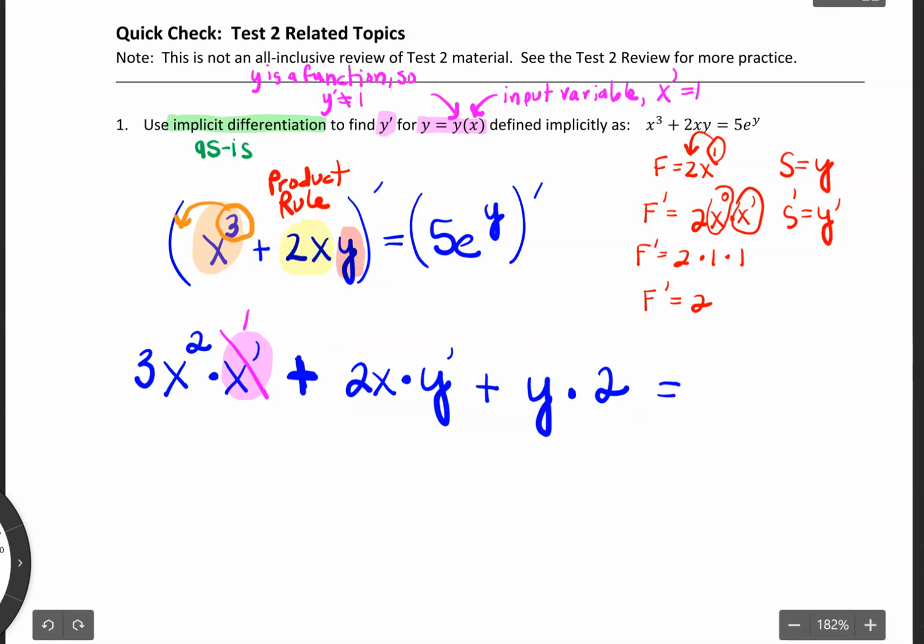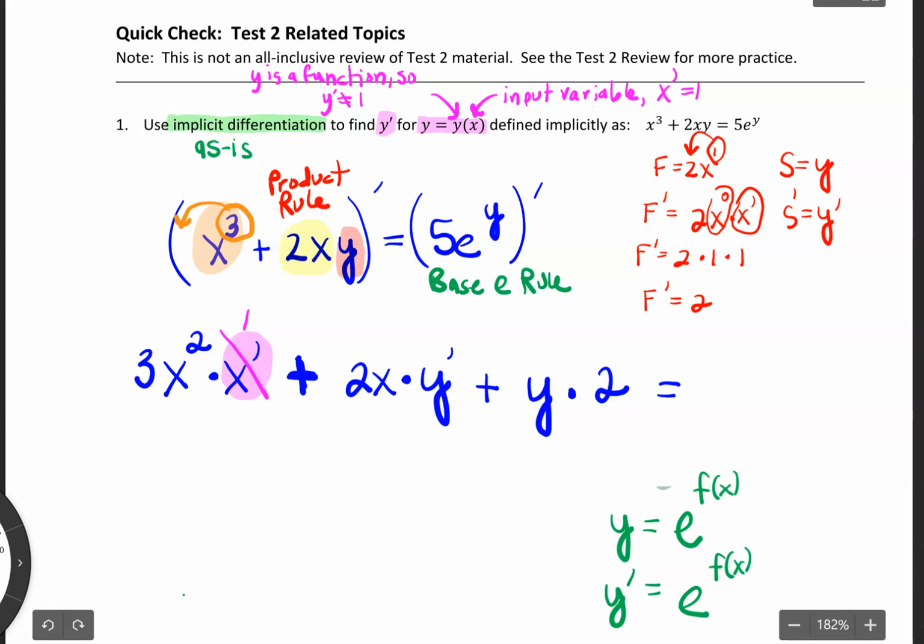Okay, so now I need to take the derivative of the other side of the equation. On the other side, I have 5e to the y power. So I'm going to need to use the base e rule with chain rule. The base e rule says if you have a base e with a functional exponent, then the derivative of that is base e to the functional exponent.